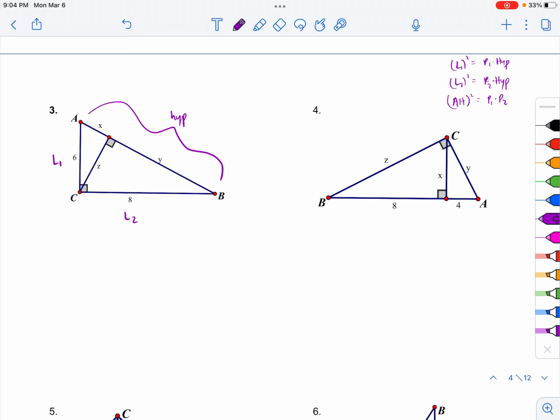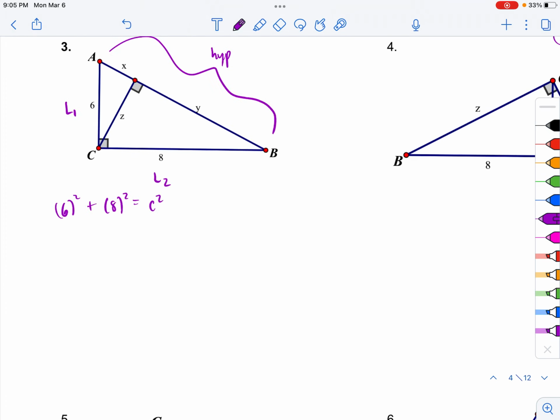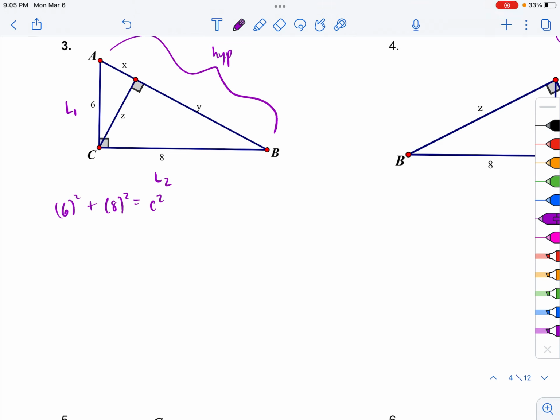So we could use our a squared plus b squared is equal to c squared, or in this case, leg 1 squared plus leg 2 squared is equal to the hypotenuse squared. So we'll do 6 squared plus 8 squared is equal to c squared. And if you remember our Pythagorean triples, if you recognize it, you could say that c is equal to 10.